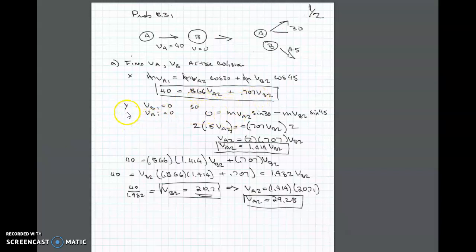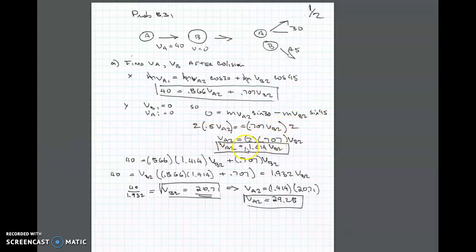Let's see what else we've got in the y direction. Initially, and after everything is over, there is no net velocity in the y direction, so that's just zero in both cases. Now you have M V_A2 times the sine of 30 minus M V_B2 times the sine of 45.